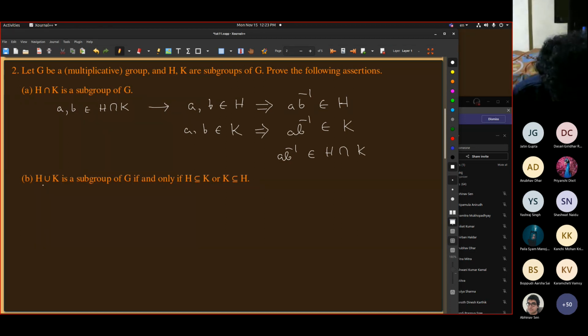Now, if I look at the set theoretic union of these two sets H and K, this is a subgroup if and only if either H is completely contained in K or K is completely contained in H. So how do you prove this?